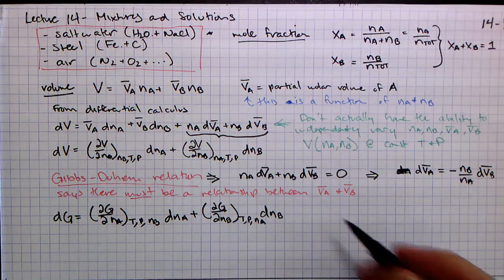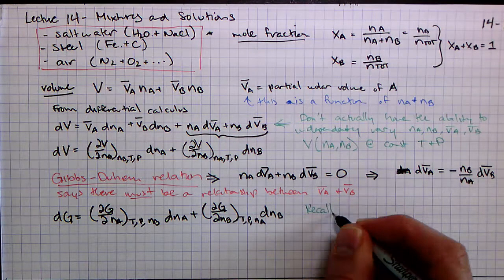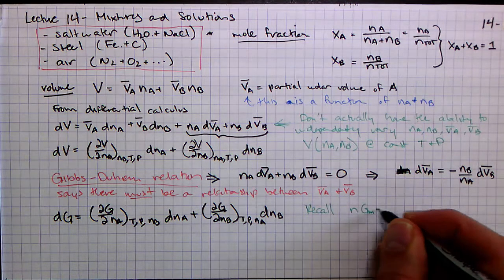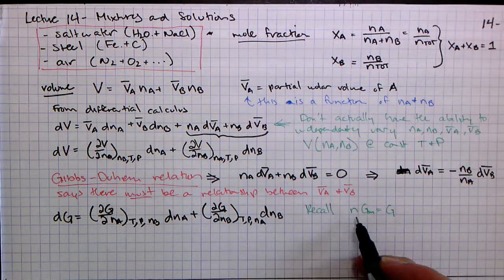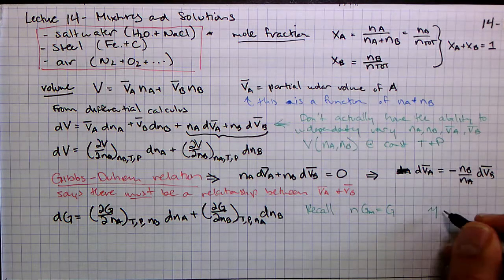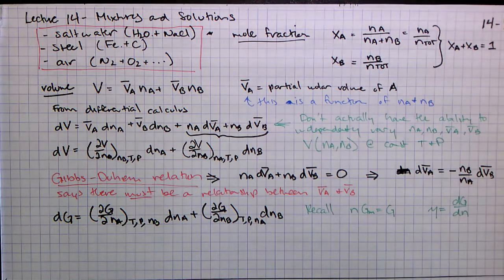And we now recall that N times the molar free energy GM is equal to G, and that we define the chemical potential to be the derivative of G with respect to N.